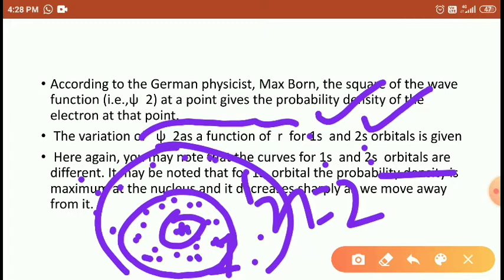So nuclear interaction is high here, so the probability of electron density is also high, students.